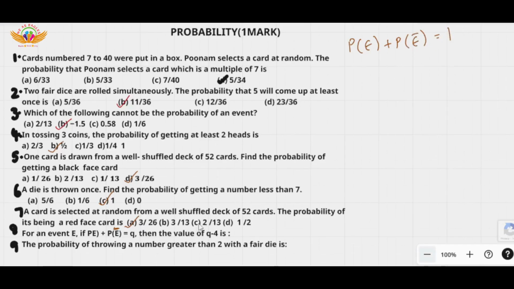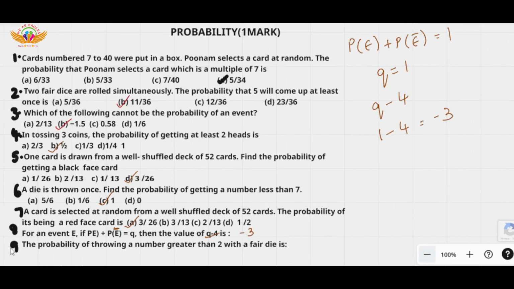Hence, they are telling you that it is Q. So probability of E plus probability of E bar, they have told it as Q. So Q value is equal to 1. Just substitute Q value 1 in the question. Q minus 4 we have to find out. So replace Q as 1, 1 minus 4, that is equal to minus 3.